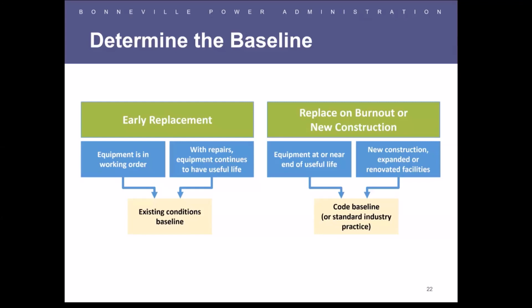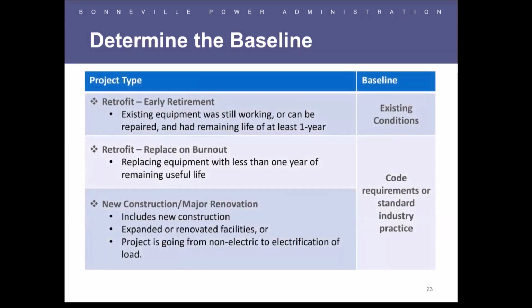So if we complete our table, going back to the type of project that we have, we now see for retrofit early retirement, we have existing conditions baseline. And in the case of a replace on burnout or of a new construction project, we're going to be using code requirements or, where code doesn't apply, the standard industry practice.